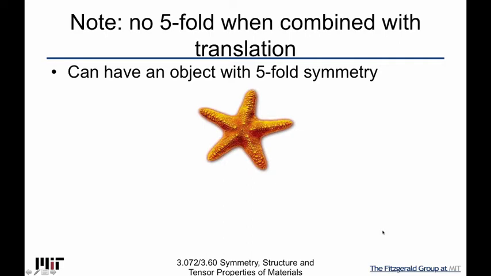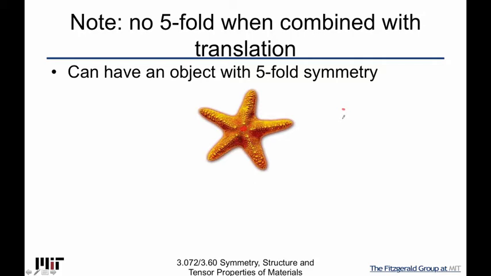But remember, what we're doing when we combine with the translation vector is that it has to fill space. So I can have any kind of symmetry I want if I just go through a single point, which is what's happening here. And later, we're going to call these point groups, right? We can come up with all sorts of symmetries around a single point, but I haven't combined that yet with a translation vector.